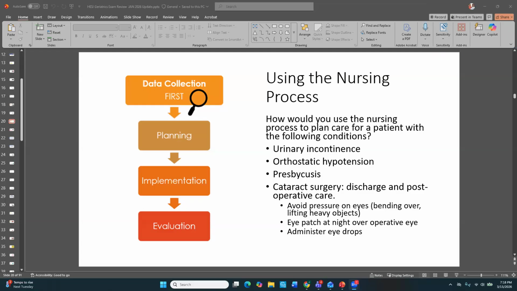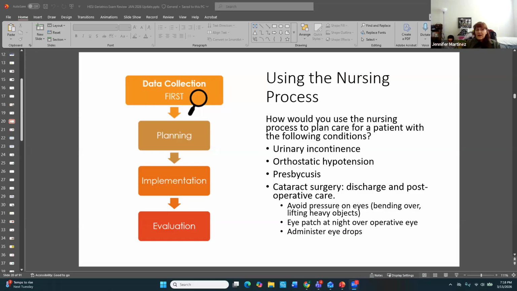Put them on a schedule, like every 2 hours. Okay, so putting them on a voiding schedule, or at least making sure that they are changed at least every 2 hours, right? Trying to identify those common times. We don't want urine sitting on the skin for long periods of time. It can cause MASD or excoriation.